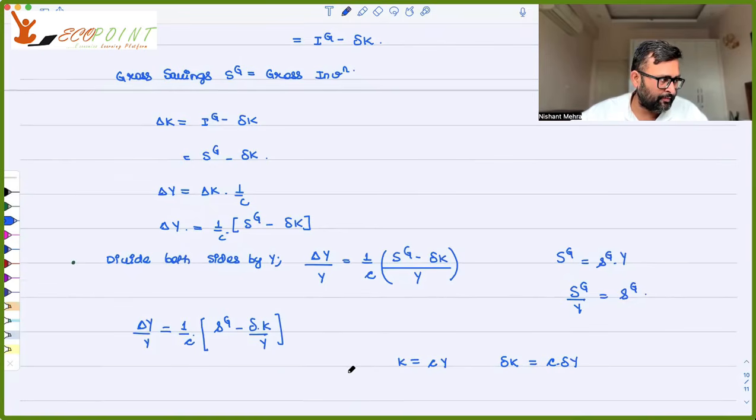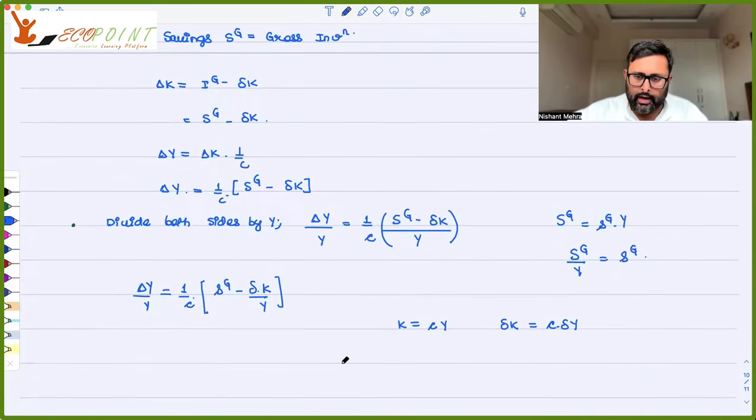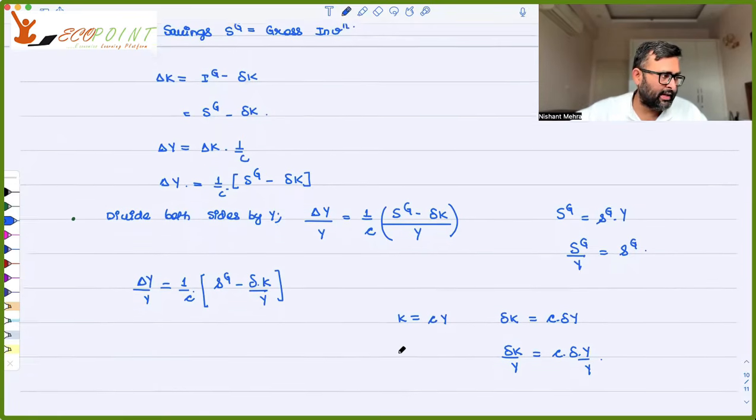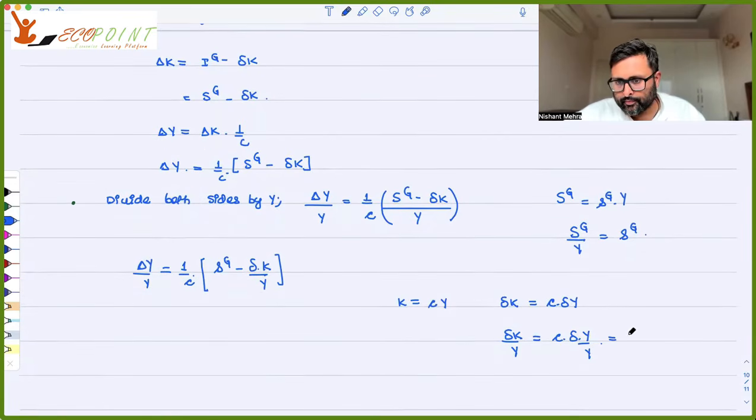It doesn't change anything, right? I can divide both sides by Y. So what will I get? C delta Y by Y is going to be like this, that is delta C. Delta K by Y is delta C.